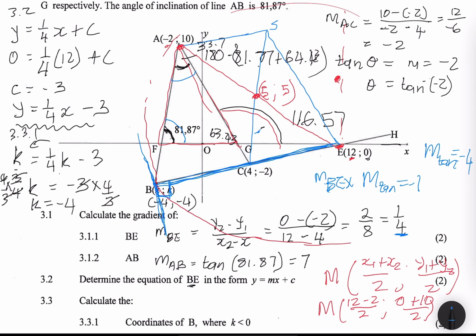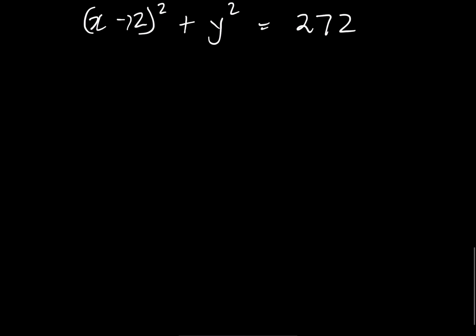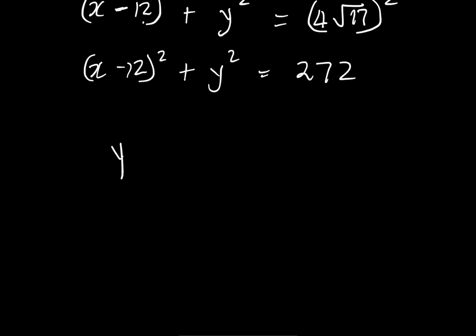So that's -4, and it passes through the point -4 and 4. To find the equation, we can simply write it as y is equal to -4x plus c. But we know that the tangent also passes through the point -4 and 4. So when x is -4, y is 4.